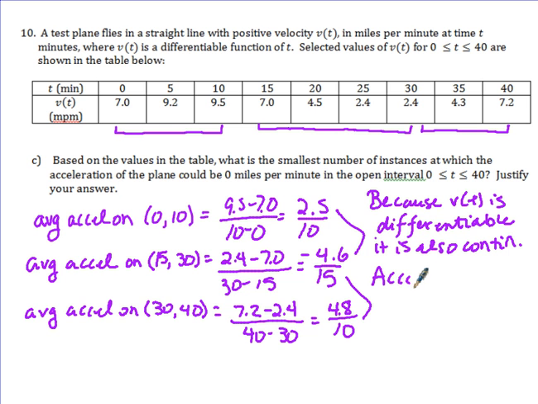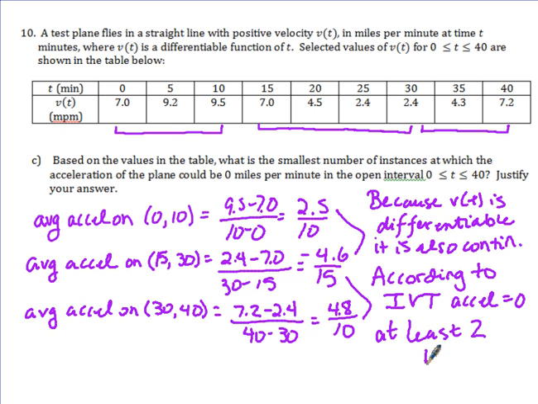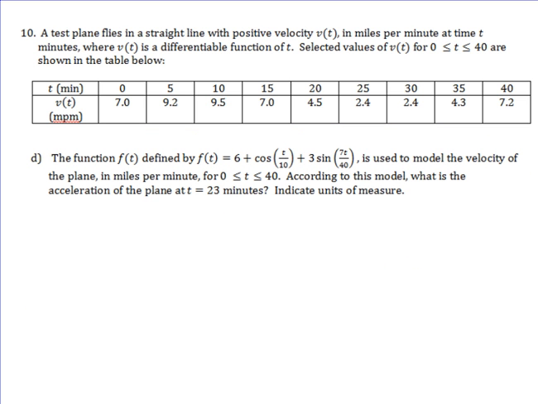And then we can say, according to the intermediate value theorem, and remember we can abbreviate that IVT, acceleration equals 0 at least 2 times. And the work that we're showing here on the side should be enough to justify our conclusion.